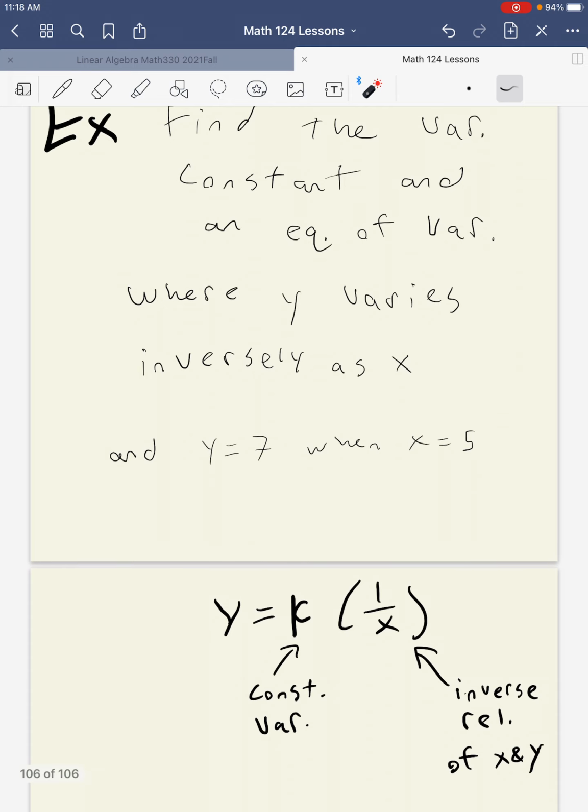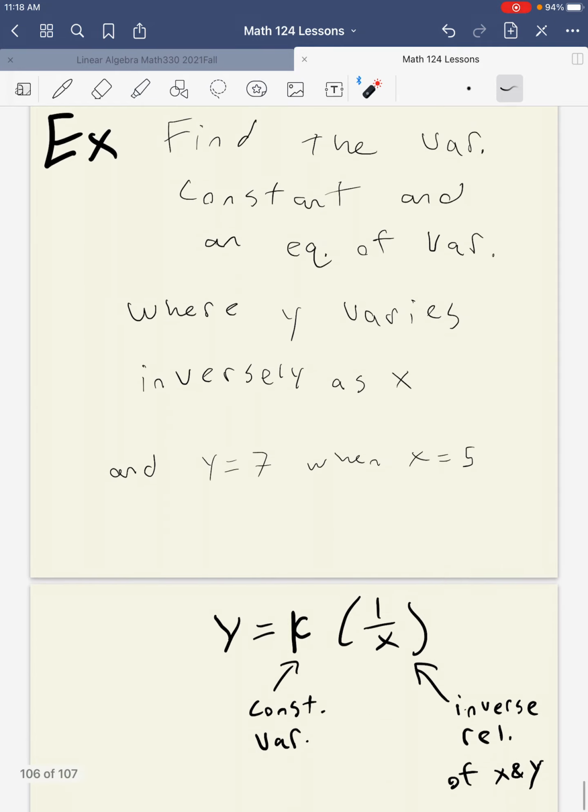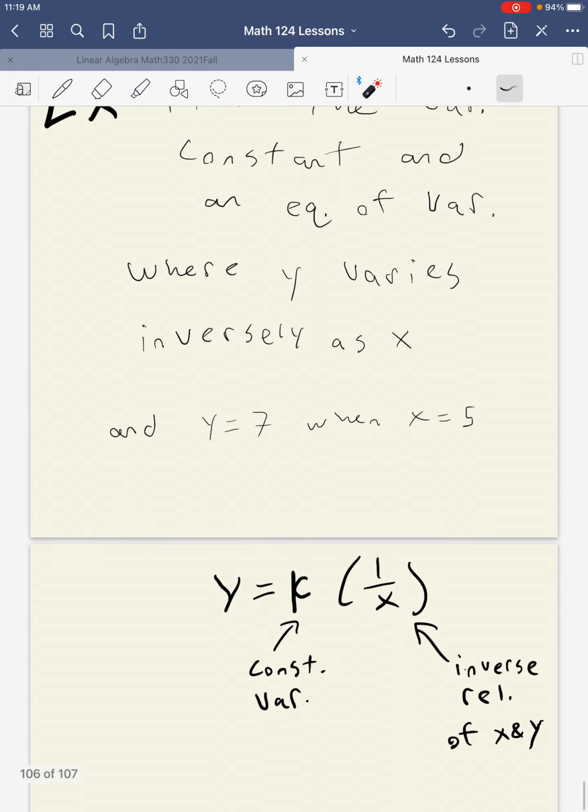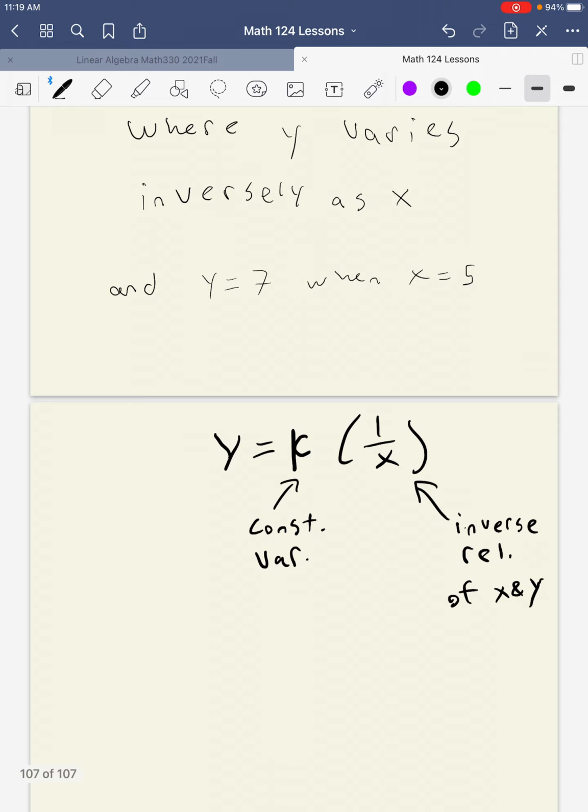So now all we have to do is plug in y equals 7, plug in x equals 5, and solve for that constant. So once you know what these words mean, this is really easy. Alright, so plugging in, we do 7 equals some unknown constant k over 5. To solve for k, we multiply both sides by 5.